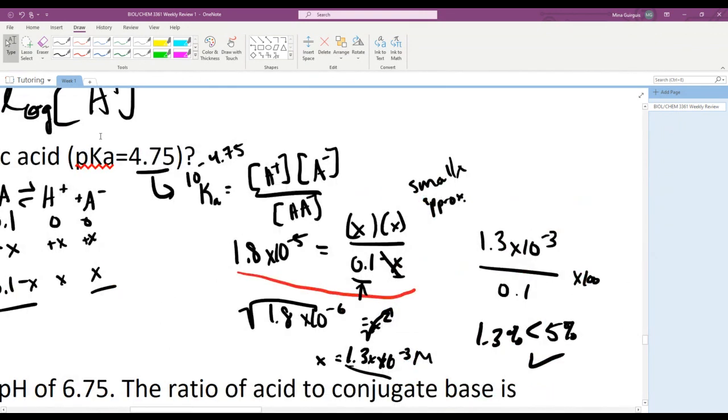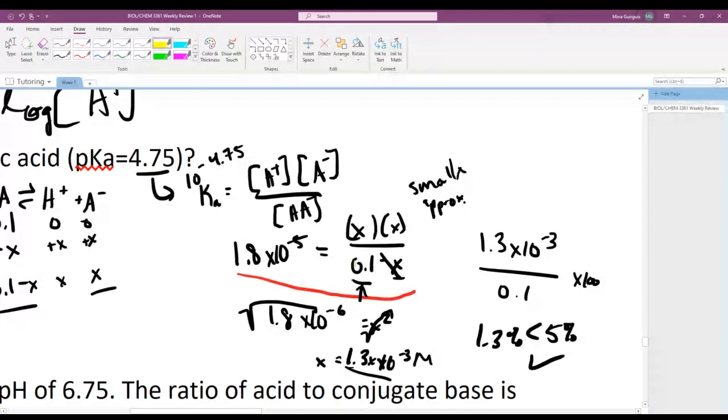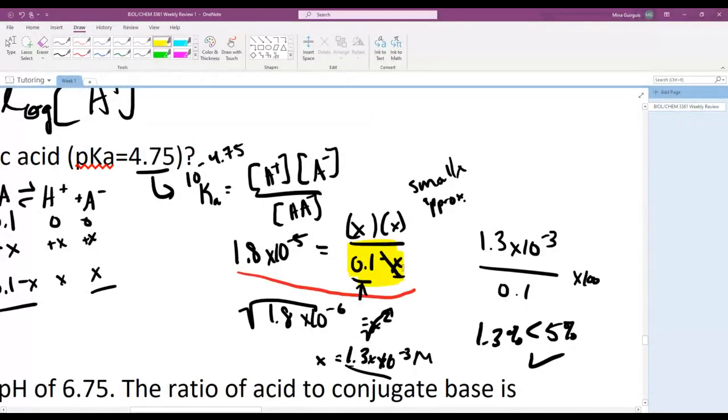The second thing I want to point out here is when can we use the small x approximation? Technically, we can try it out anytime we see something like this. It's worth trying out, because something minus x, well, what if that x is small?